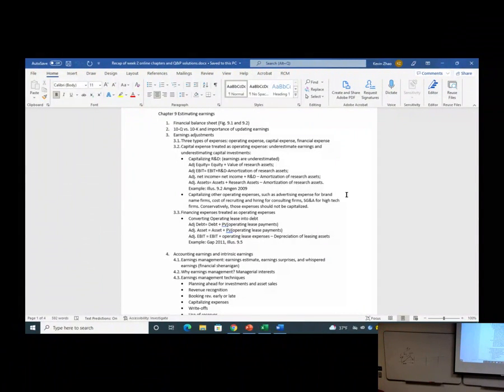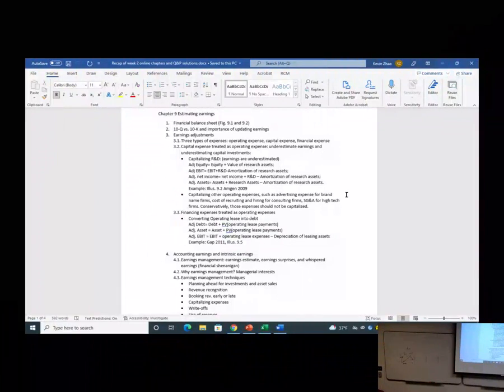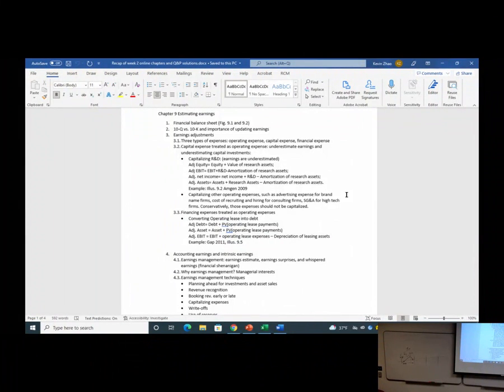So here you needed to add that R&D assets, right? And here you have R&D assets at the back, so the balance sheet can be balanced.